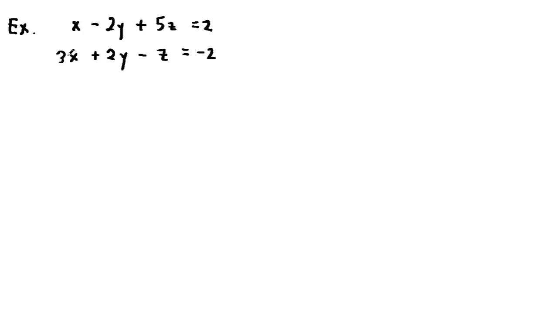Okay, let's try to get rid of this x variable here by multiplying the first equation by -3. So -3 times the first equation and add that to the second equation. And what do we get? Okay, so leave the first equation as it is.